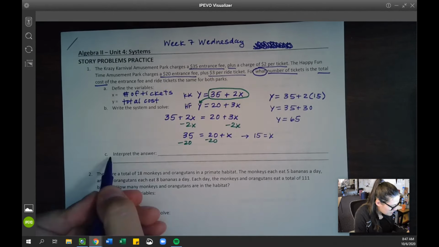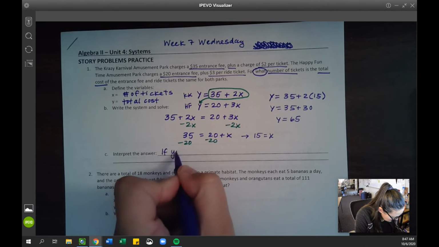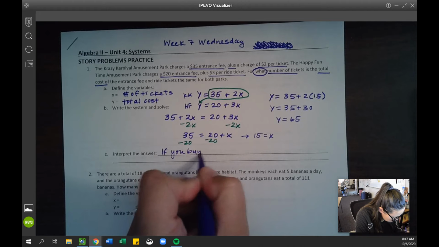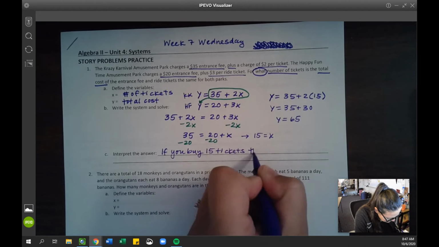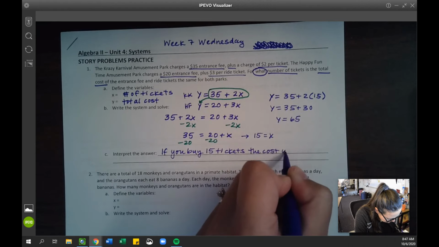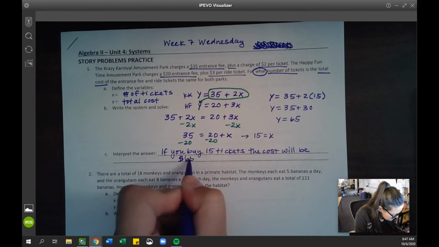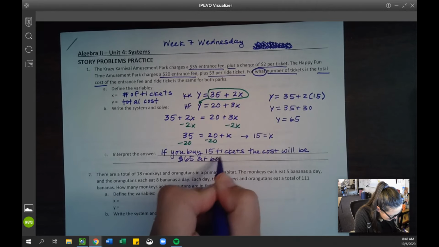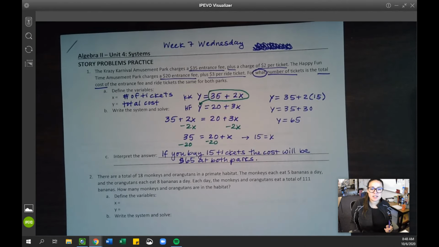So what that means is that if you buy 15 tickets, the cost will be $65 at both parks. So that's now taking our answer and putting it back into the context of the problem.